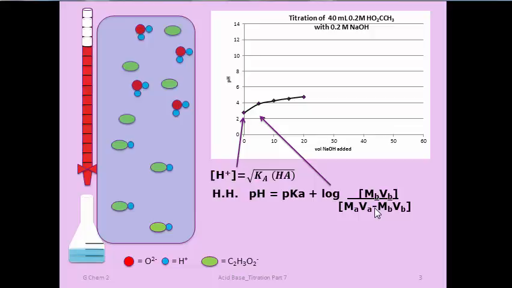The log of 1 in essence, which is 0, which means that at that point the pKa is equal to pH, and that always happens right here in the middle of this. We call this the buffer zone when we're titrating, because we're using a buffer equation to solve the pH at any time. Okay? And that's the moment where these things are equal.